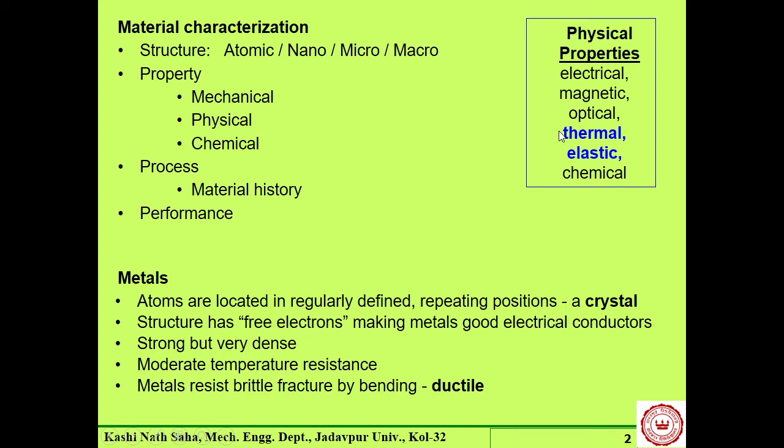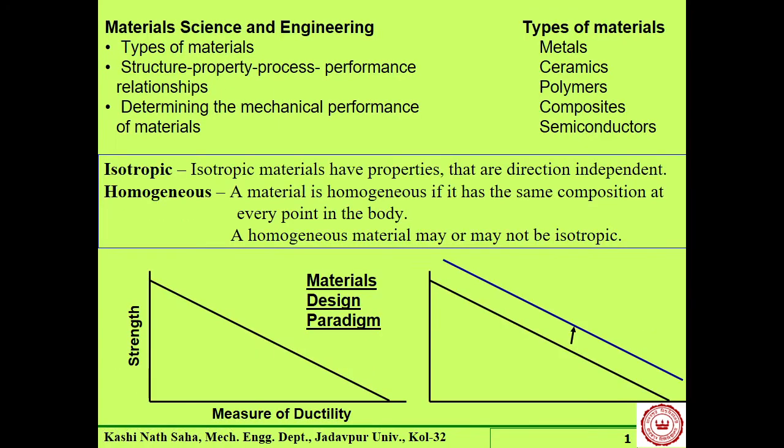Out of these, what we require for our discussion is basically the mechanical property. And again, there are various types of engineering materials. In general we will be discussing metals, but nowadays there are ceramics, polymers, composites, and other types of materials also.